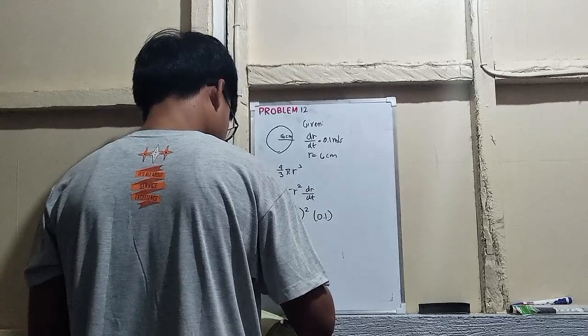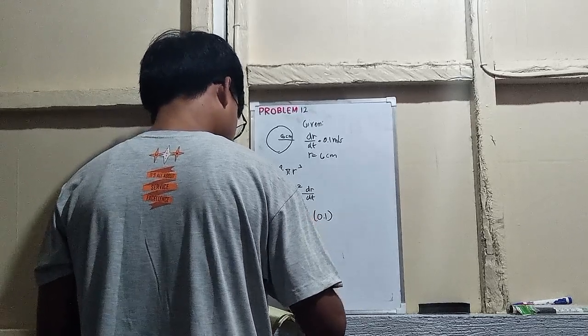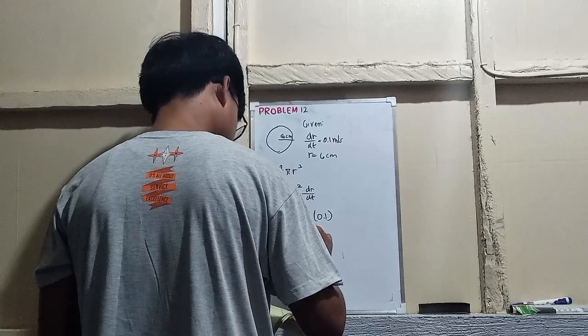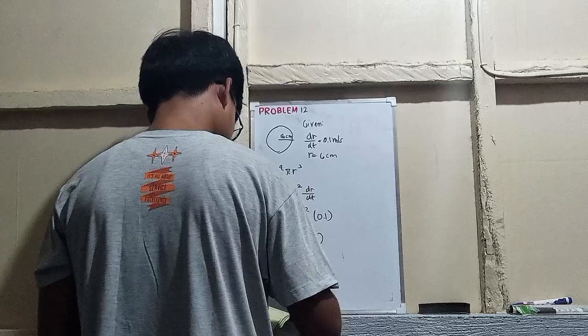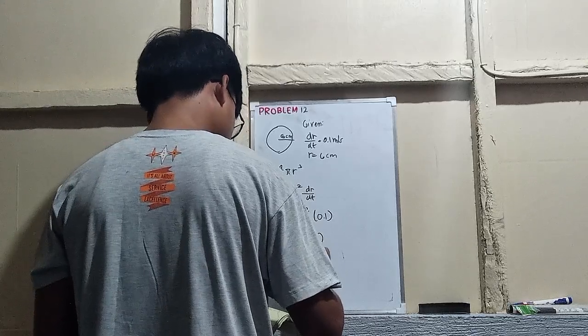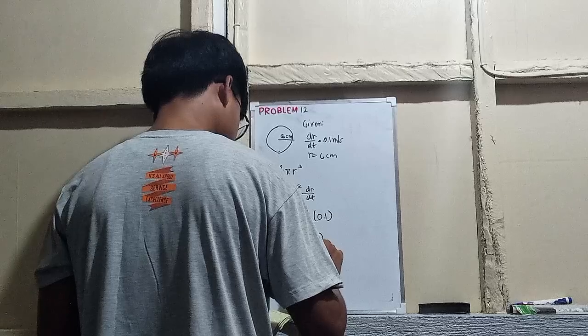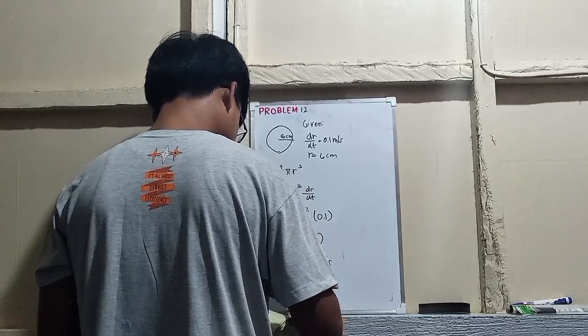dV/dt equal to 144 pi times 0.1. So dV/dt is equal to 45.24 centimeter cubed per second.